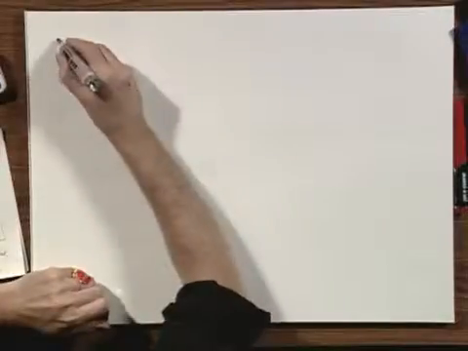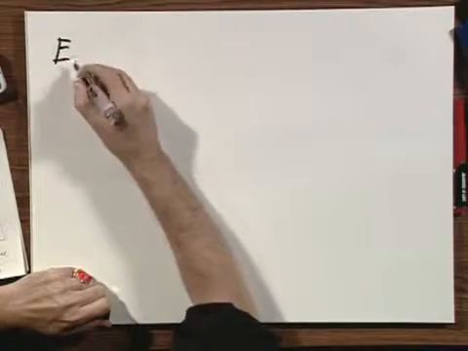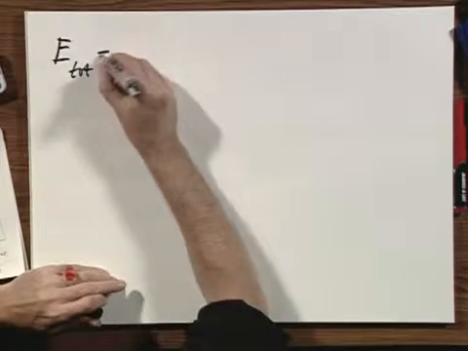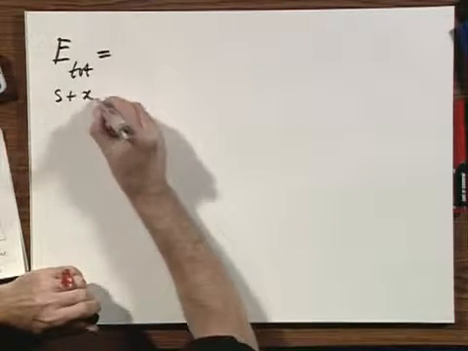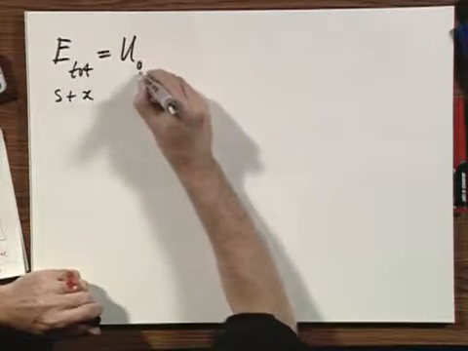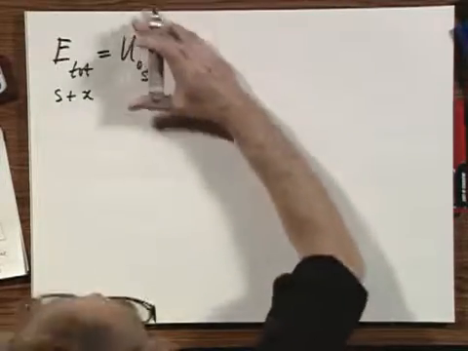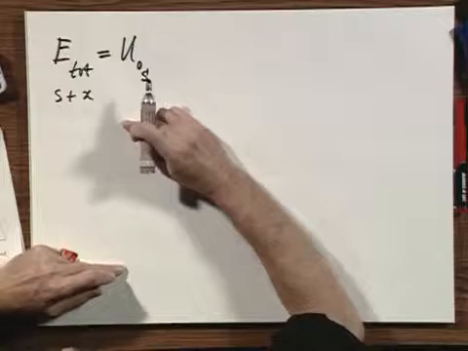So if now we want to know what the total energy of the system is, E total of the whole system, that includes both the spring and the motion in the x direction, well, all the energy in the spring is U0S. That's the potential energy I put in when I squeezed it down.